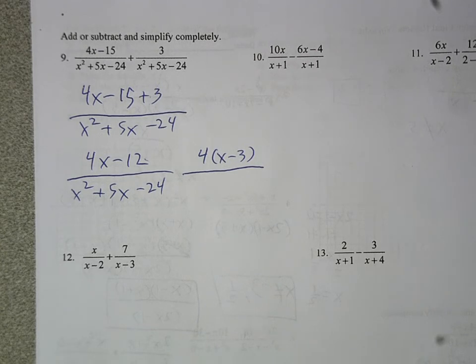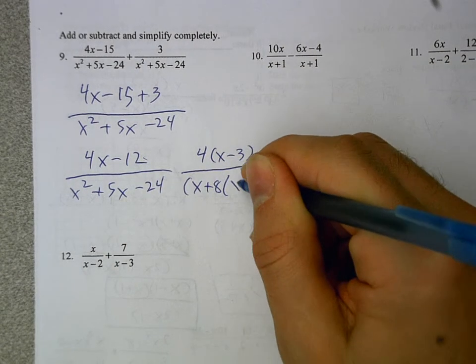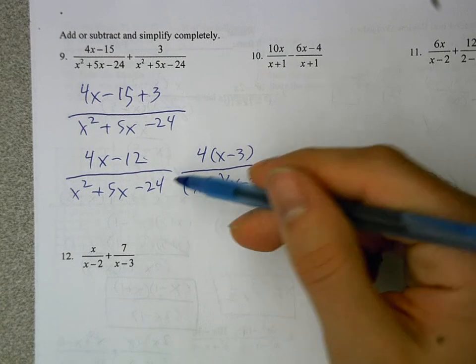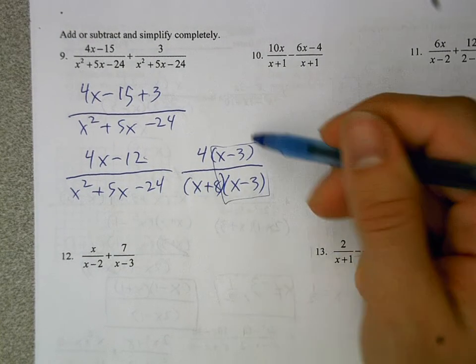You're like, oh, I can't find it, and then, oh yeah, there's that one other combination that makes 24. So go ahead and say it if you think you know what it is. 8 and 3. Does that make sense to everybody? We want it to be x plus 8 and x minus 3. That way when we multiply it out, we get that negative 24. Adds to 5x. Now we can see, oh yeah, x minus 3 is reduced to 1.